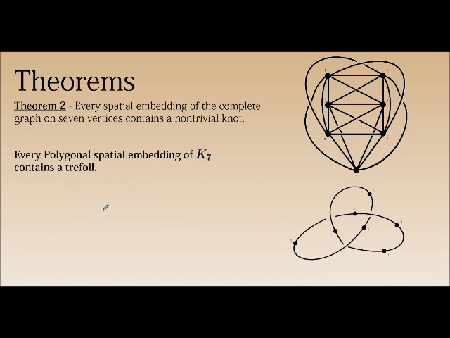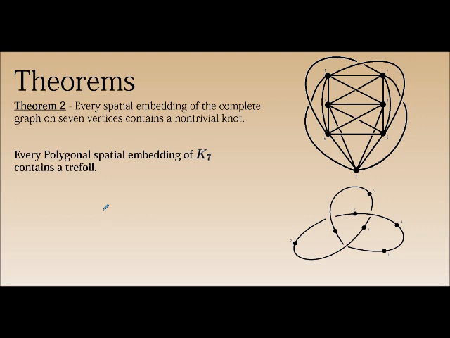One thing that I found in my additional research, trying to figure out just what the ARF invariant was, is that every polygonal spatial embedding of K7, so anytime we have K7 that is made up of straight line segments, and the one that we have here is a tame spatial embedding, in that it's equivalent to a polygonal knot.